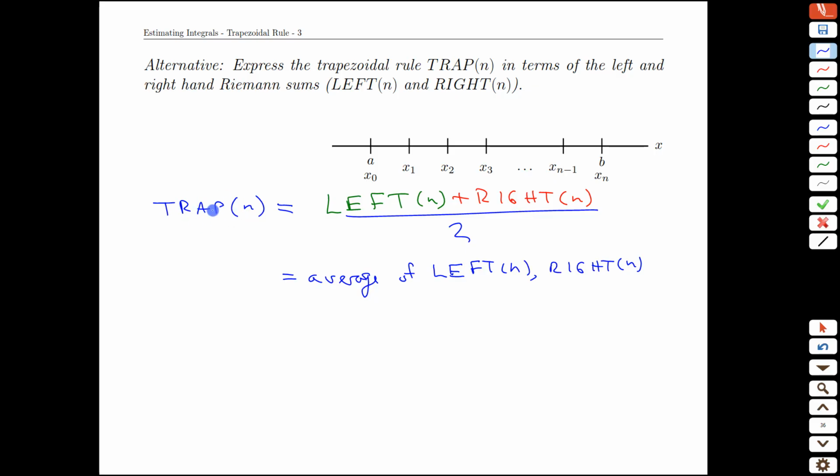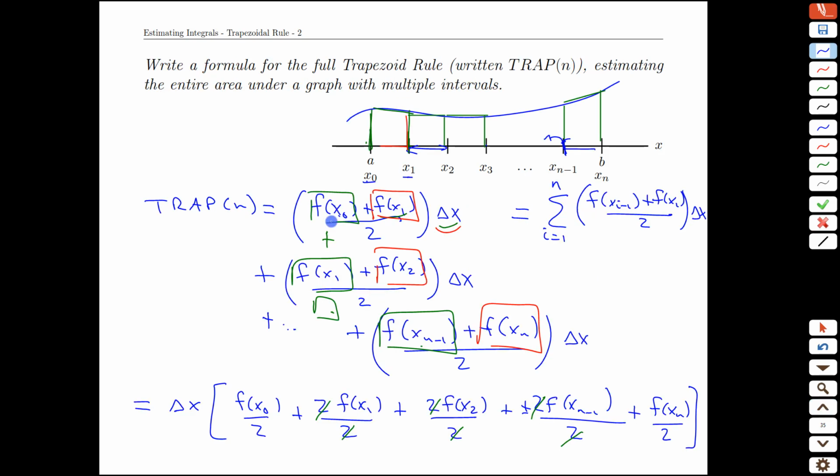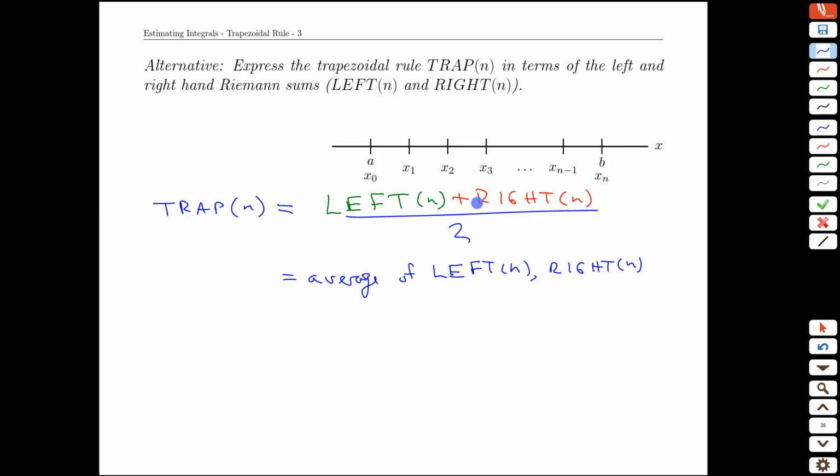And that here can be constructed by formulas involving the trapezoidal areas joining these points on the graph originally. Again, it's not going to be perfect. There's still going to be some error, some overestimates, some underestimates, but it's going to be, on average, much better than either the left or right sums by themselves.